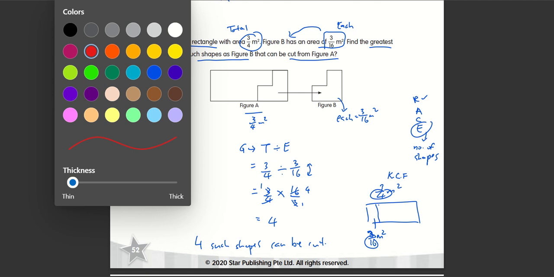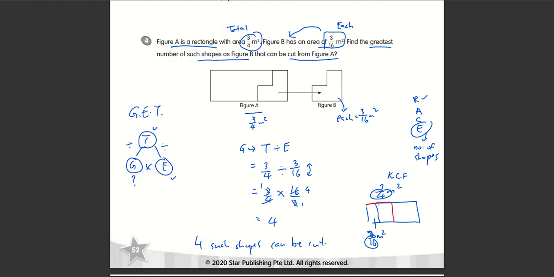Originally it's 3/4 here, 1/4, it's supposed to be 3/4 of a meter, 1, 2, 3 units. And I have to further divide this into smaller parts.